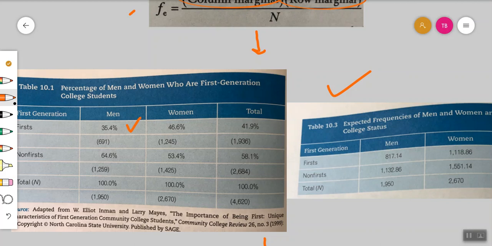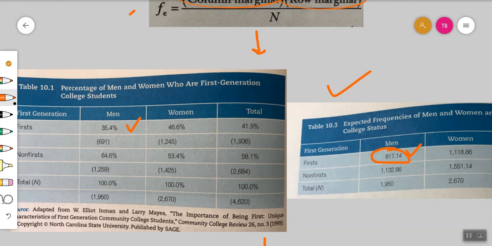let's do this one first. I'll chart this one off. This is first generation men. First generation men. And that one is going to go over here with first generation men. So this is the number you get. What you're essentially going to do is you're taking the column marginal.